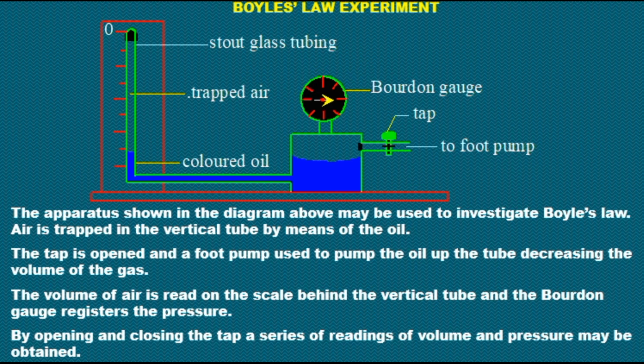The volume of air is read on the scale behind the vertical tube, and the Bourdon gauge registers the pressure. By opening and closing the tap, a series of readings of volume and pressure may be obtained.